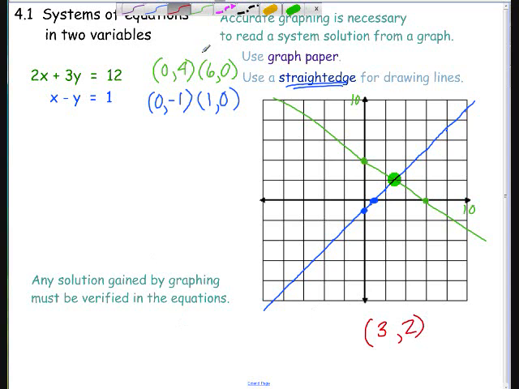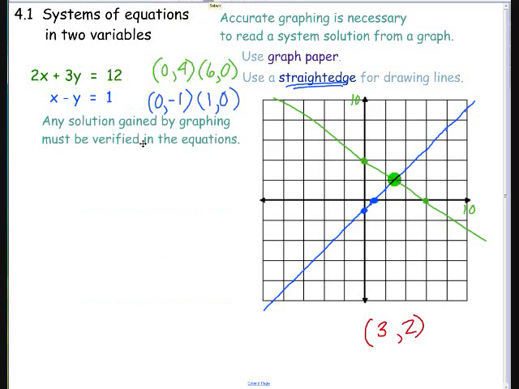So what do we have to do? We have to check that by verifying in the equations. So I'm going to have 2x plus 3y. We're going to test this point and see if it works.